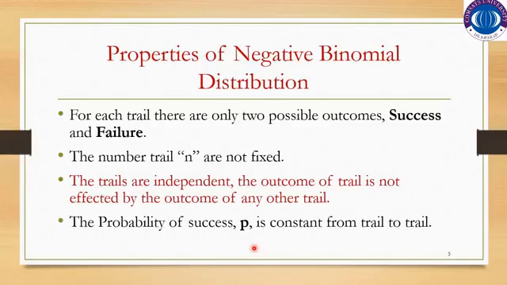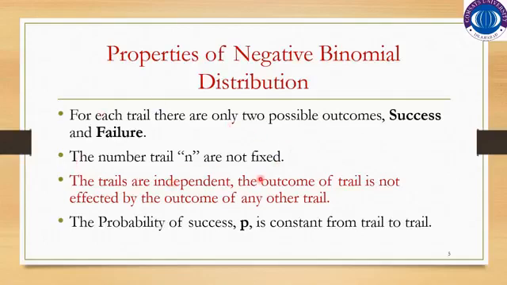Properties of negative binomial distribution. For each trial, there are only two possible outcomes, success and failure, the same as binomial distribution, and the number of trials n are not fixed, whereas in binomial distribution, the number of trials are fixed.